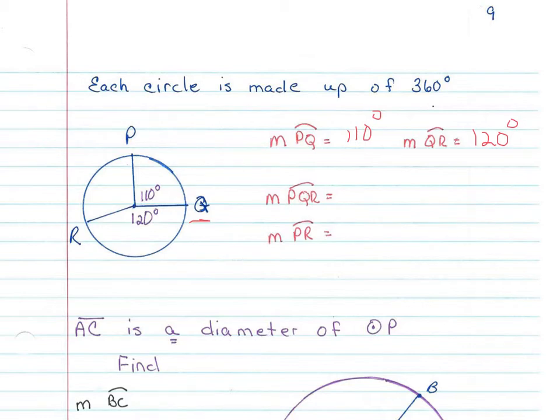Okay, so 230 degrees. And what is the measure of arc PR? How would you find the measure of arc PR, Haley? Subtract 230 from 360. 360 minus 230 equals 130 degrees. Good.